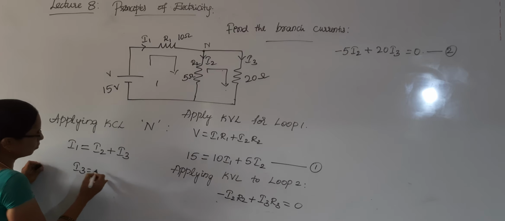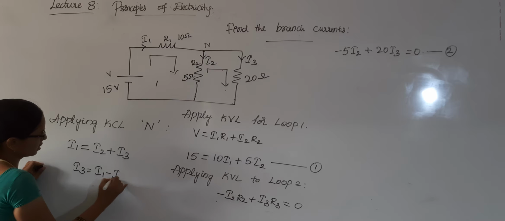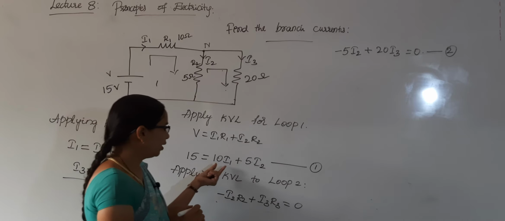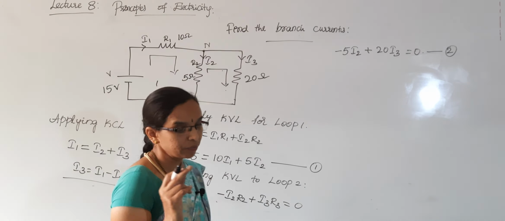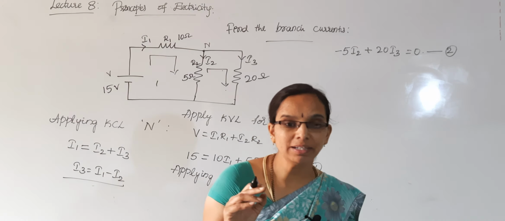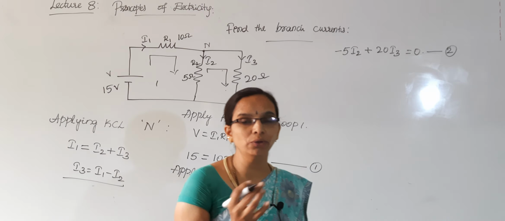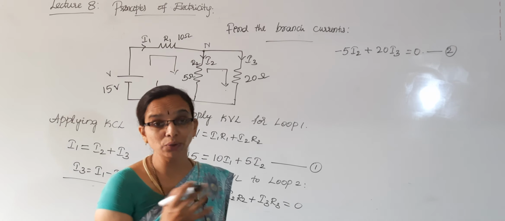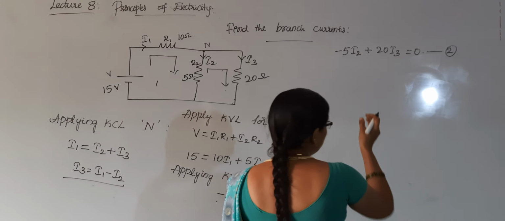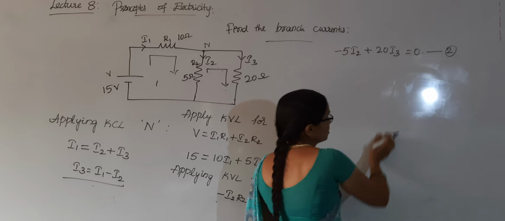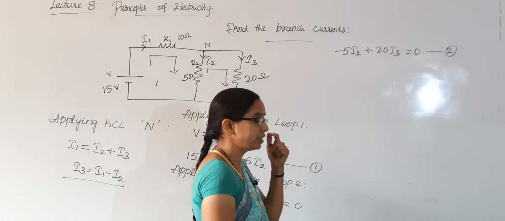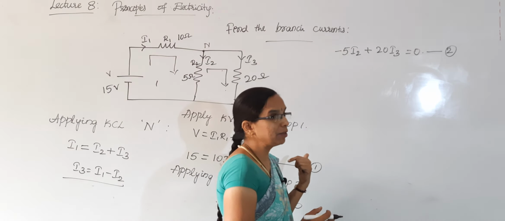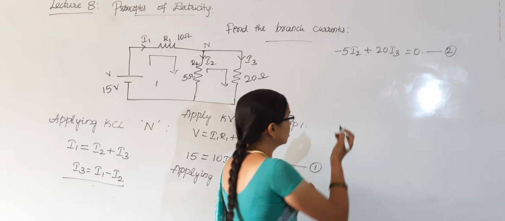I3 is equal to I1 minus I2, I can take from this equation. So I will make only two variables. Solving simultaneous equations, you people already know from the bridge course of mathematics. So I will replace I3 using the relation I1 is equal to I2 plus I3. So I3 becomes I1 minus I2.